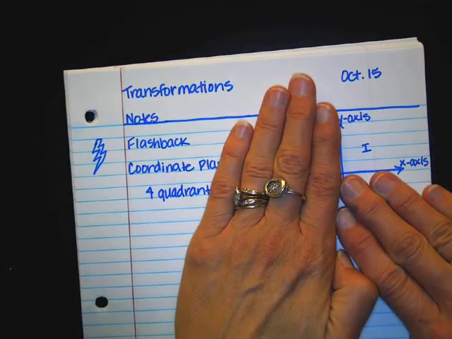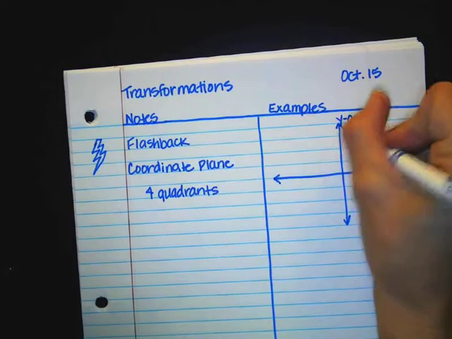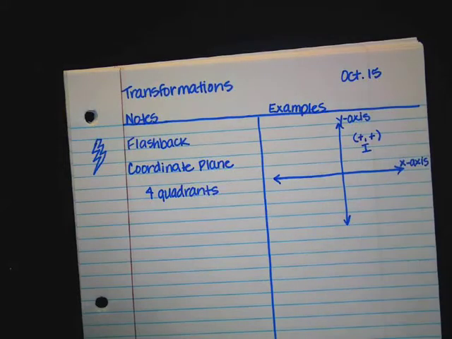Why do you think you only started with quadrant 1? It's the beginning one. Why is it a great one to begin with? Because it is the easiest. Why is it the easiest? Because it's both positive numbers. The x and the y values are both positive.